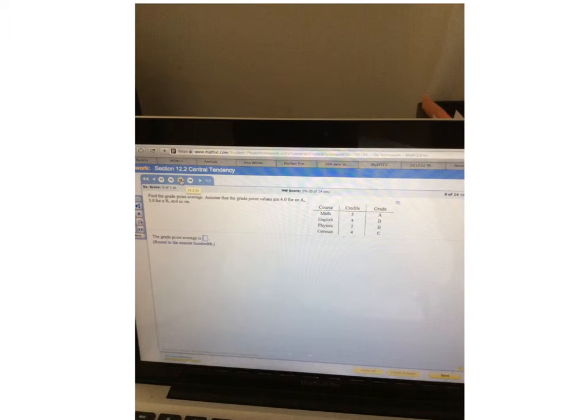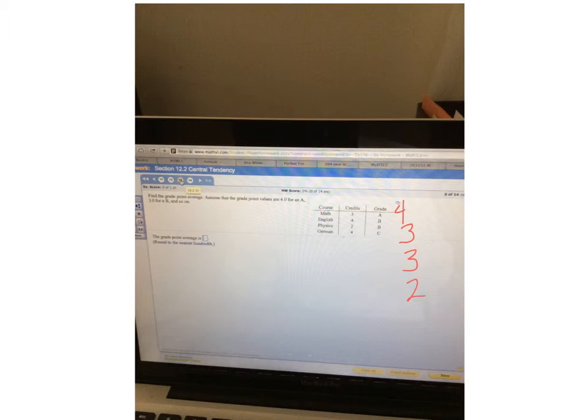Here's another homework problem for weighted average, and this one has to do with GPA. It says, assume that the grade point values are 4.0 for an A, 3.0 for a B, etc. So you're going to actually replace where you see A, B, and C. The A is going to be a 4. The B is going to be a 3. C is going to be a 2.